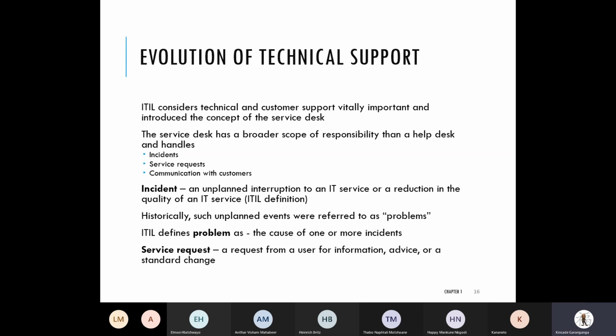So when an incident arises, you need to find out exactly what issue has arisen there, and naturally something that's unplanned in terms of an actual interruption in its entirety, so stoppage of an IT service, for argument's sake, or ultimately a reduction in the actual quality of that particular service.